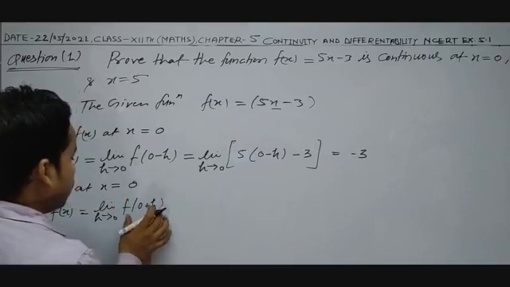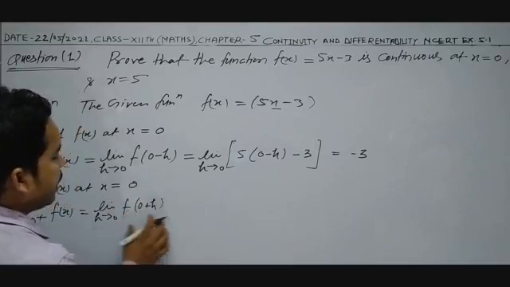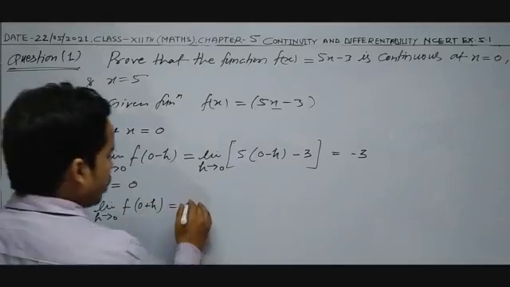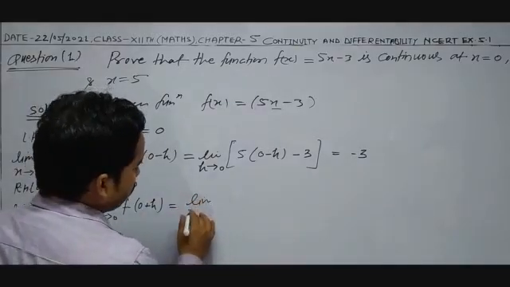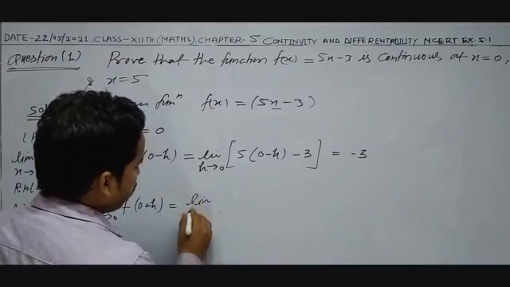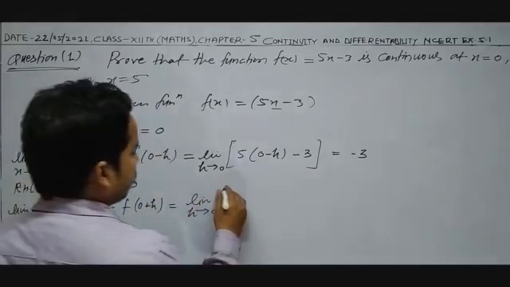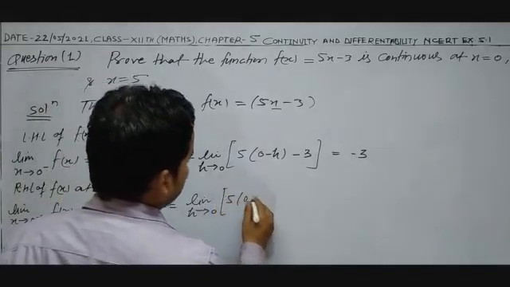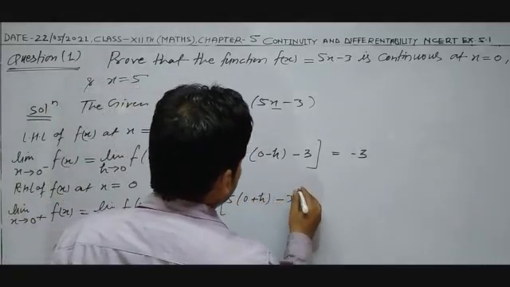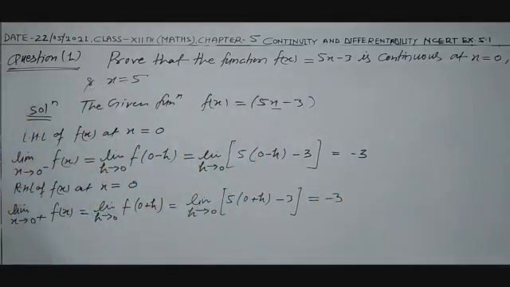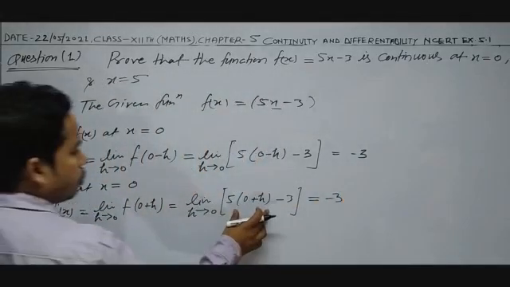So this is a format for writing the right hand limit. So the function, limit h tends to 0, f of 0 plus h means at the place of x, 5 times 0 plus h minus 3, and the result you will get is the same, minus 3, because h will tend to 0.